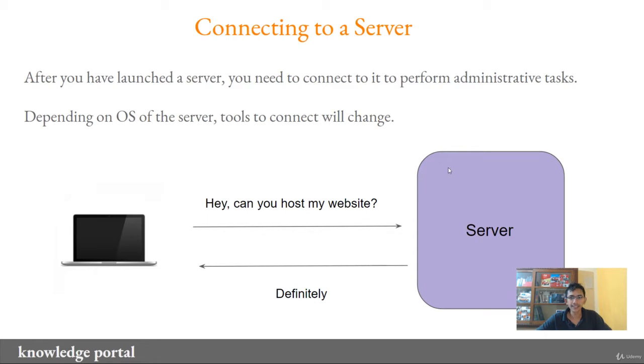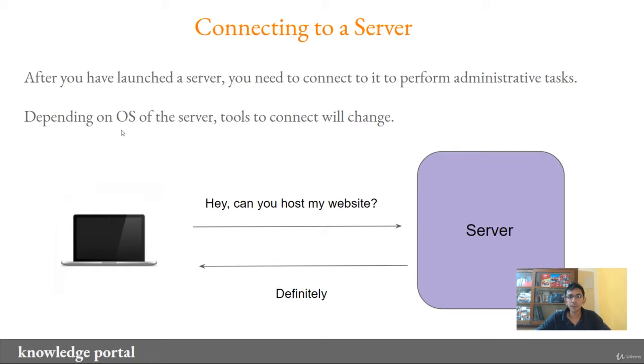Now, if you see in this diagram, on the right hand side we have the server, and on the left hand side we have our laptop. Both of them are able to communicate with each other pretty effectively. In order for your laptop to communicate with your server, there are certain tools that you will need.